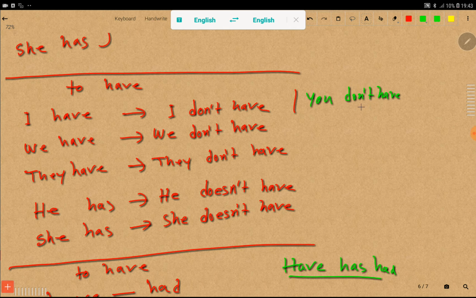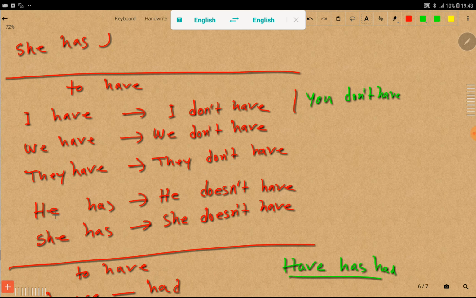So you have to use just don't, right? For second person singular you have to use don't. For first person singular you have to use don't. Look at it. We have. So we here is first person plural, so you have to use don't. We don't have. Look at they have. They is third person plural. So they don't have. There is no sense.